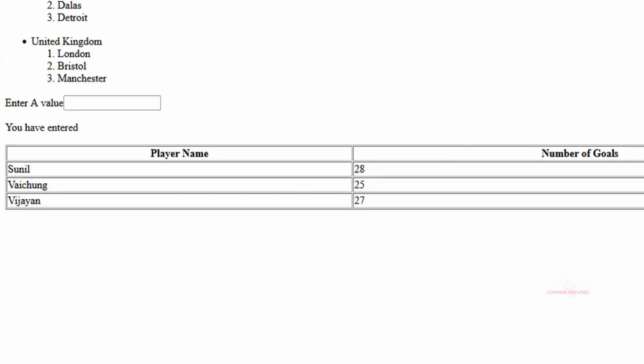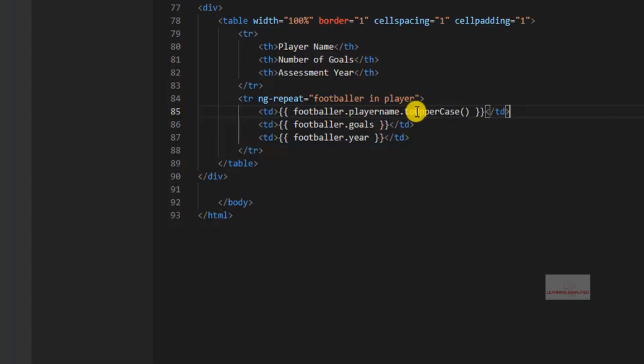Let's head back to our project and reload, and we can see that this is the desired thing that we wish to display in our HTML page, in our browser. But in case of AngularJS, there is practically no need to use this kind of JavaScript functions that we used previously.